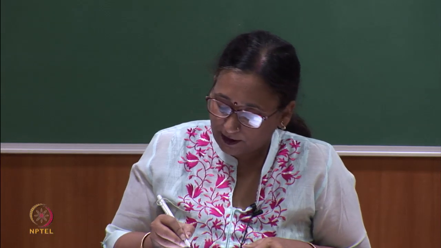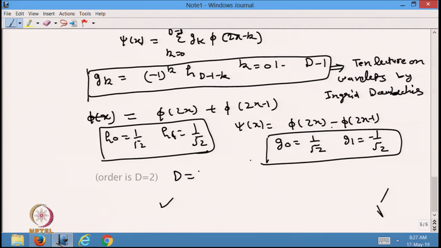And what will be the order of this wavelet? The order of this wavelet will be 1, because only H0 and H1 are non-zero. So, this is the first member of the Daubechies family.